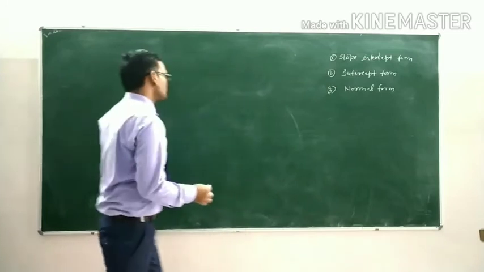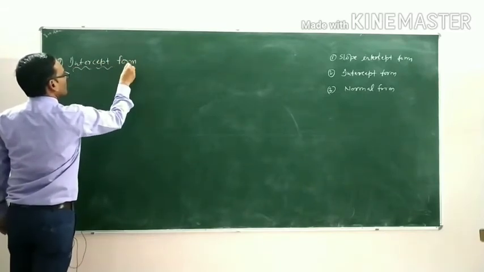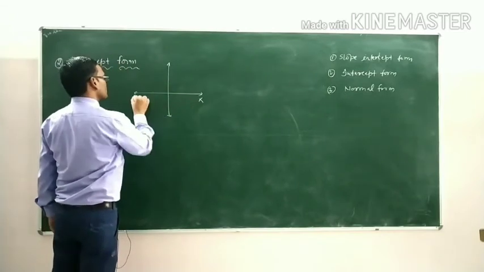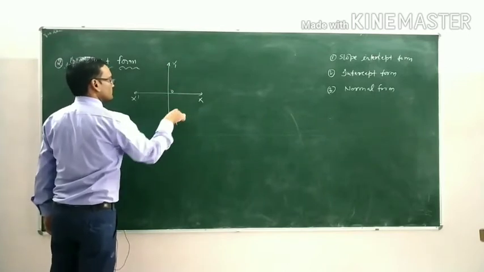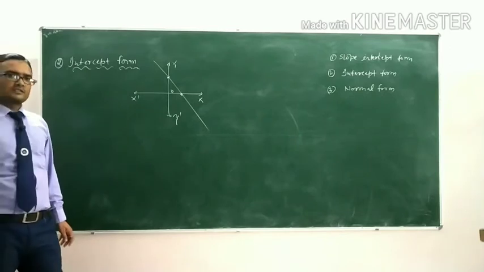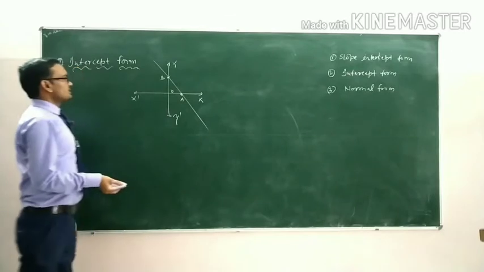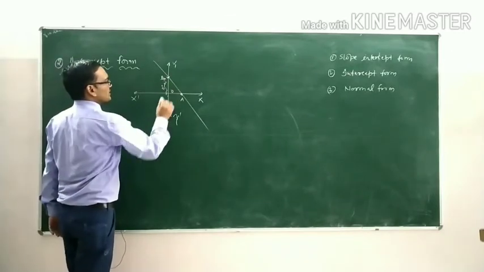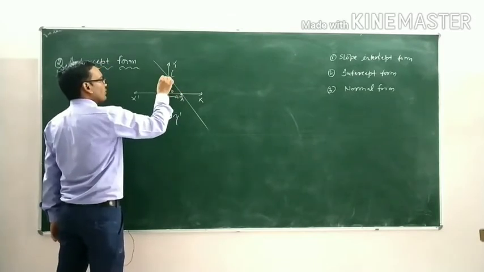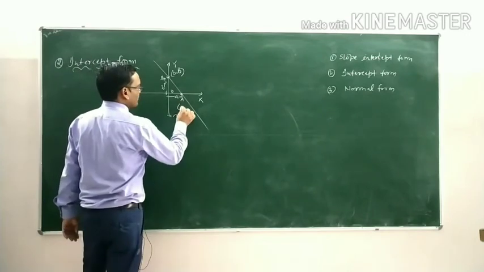That means in a Cartesian plane, a line intercepts both axes, and the y intercept is B, that means OB equal to B and OA equal to A. The coordinate of B is, if BO equal to B, then the coordinate of B is 0 comma B, and if OA equal to A, then the coordinate of A is A comma 0.